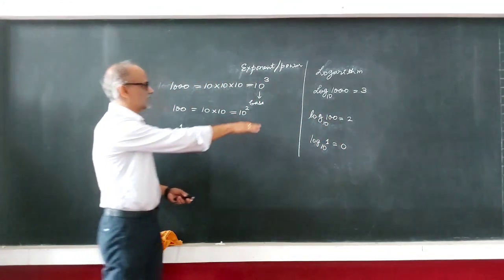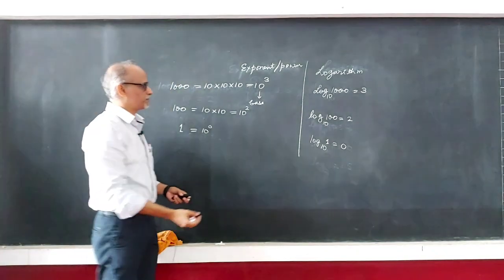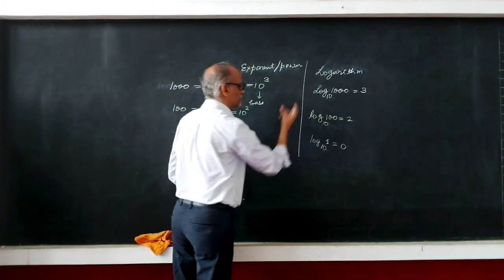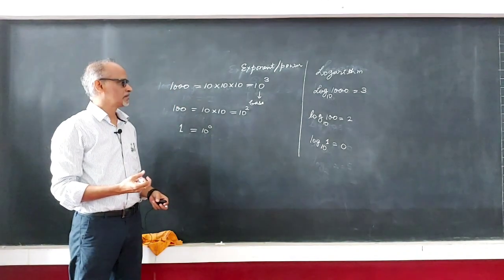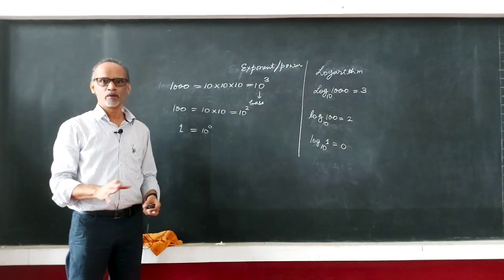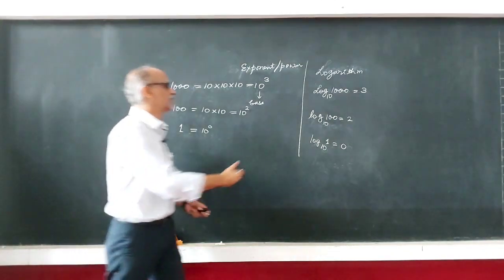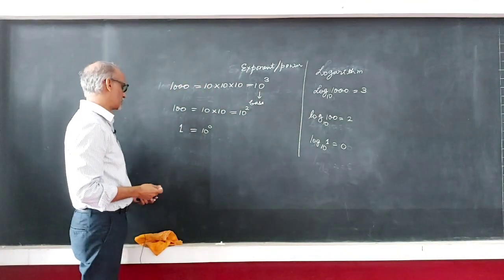And what you get to notice here in all these three numbers is that the base is always 10. So is it mandatory to write logarithm in terms of the base 10? No. We can write any number to any base value. So for that, I'm going to give an example.